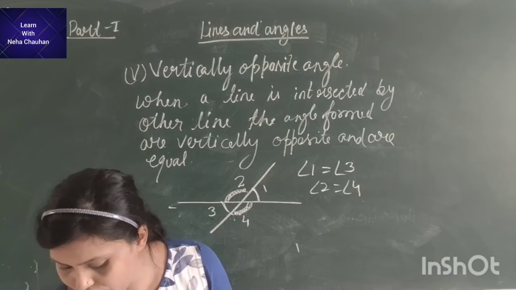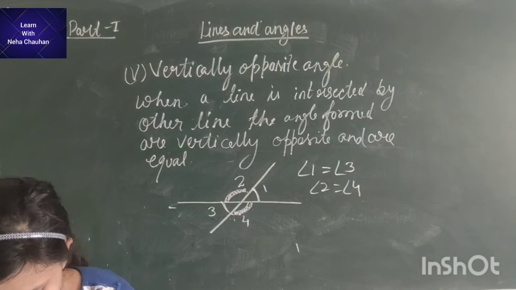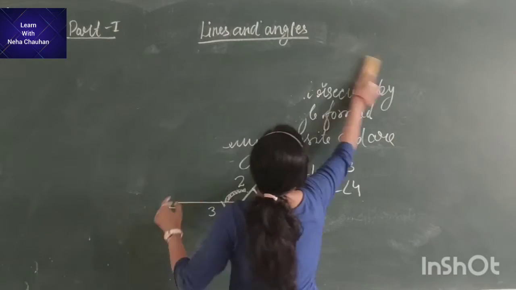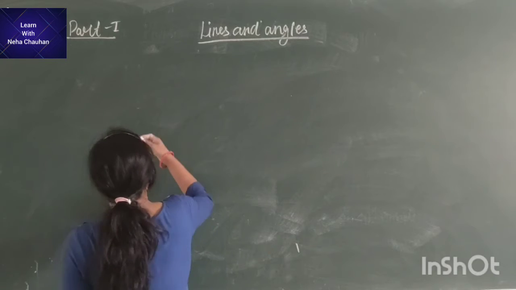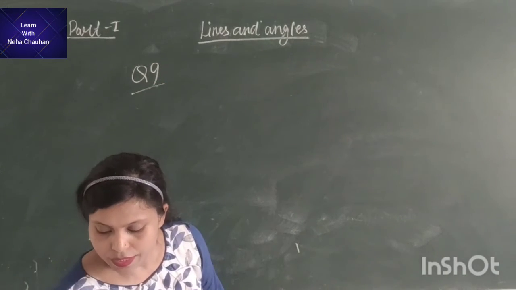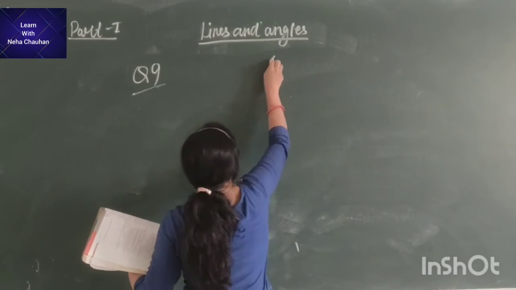So let's do question number 9 of the exercise. Question number 9 says, a figure is given. Okay, so the figure is like this.